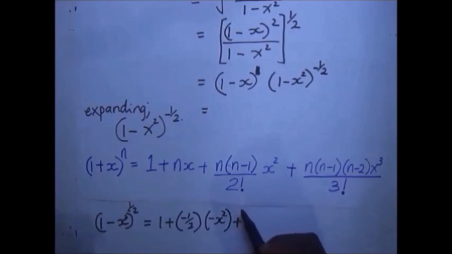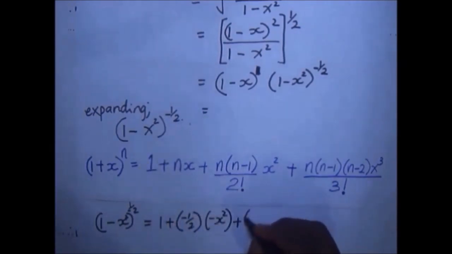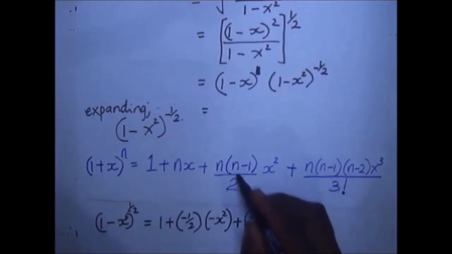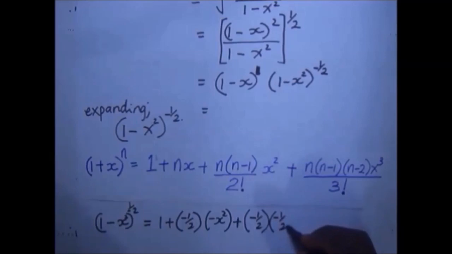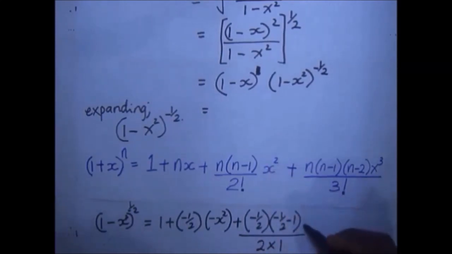What is n? n is equal to negative a half, times n minus 1, which is negative a half minus 1, divided by 2 factorial. 2 factorial is 2 times 1, times x squared. Our value of x is negative x squared, so it's going to be negative x squared, and that's to the power 2.